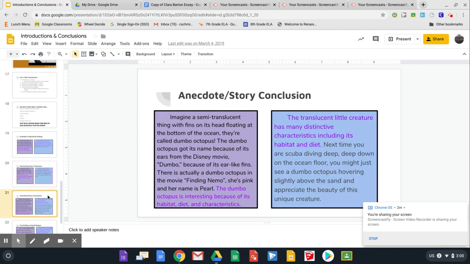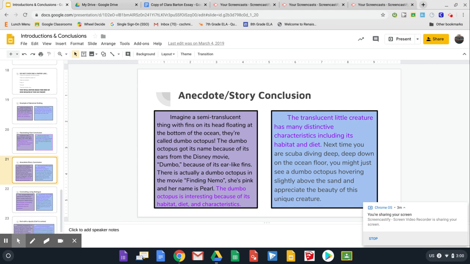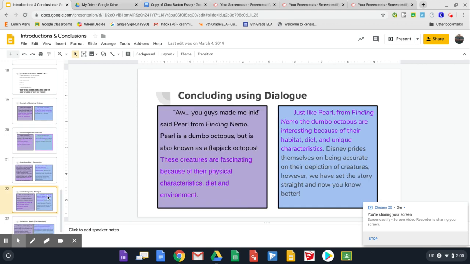If you had an anecdote or a story, once again, the purple is rewording that thesis statement. And if we bring back the attention grabber, next time you're scuba diving deep, deep down in the ocean floor, we see that in the introduction with the anecdote or story. So one way to do this is bring your attention grabber back in that last sentence.